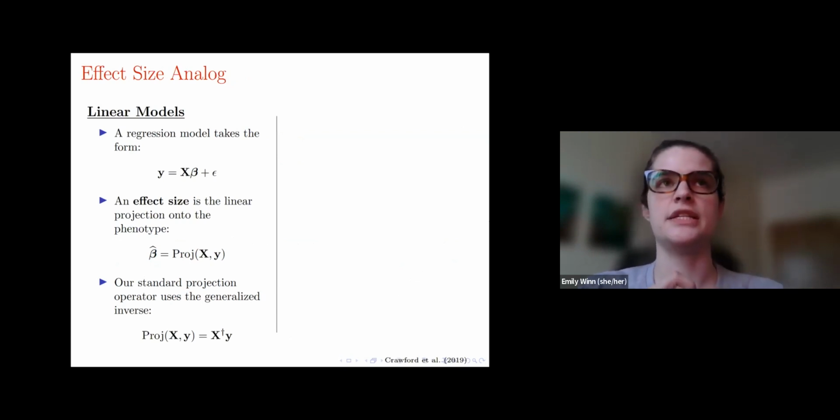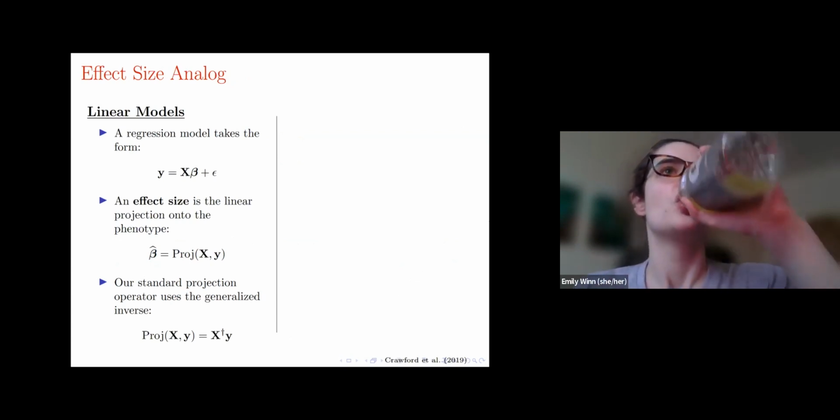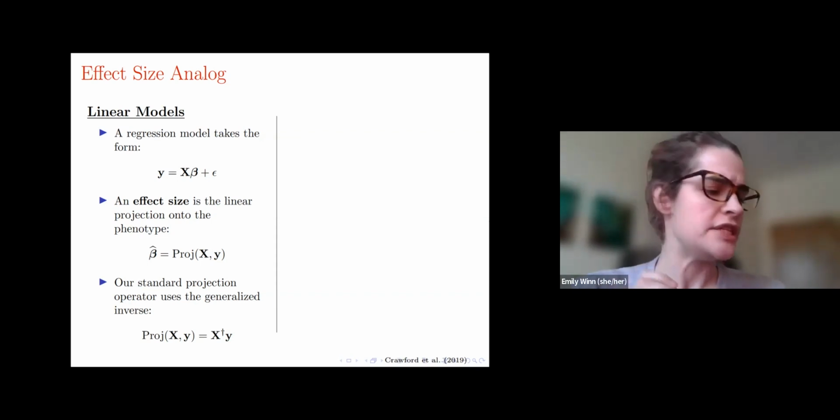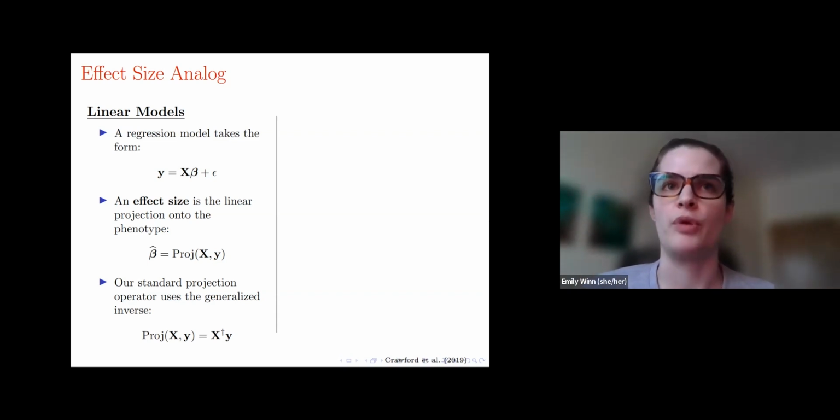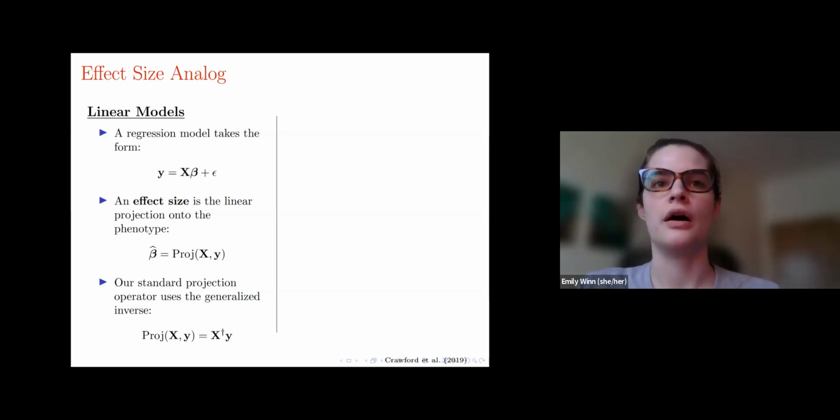So one previous idea was to take the idea of the linear model that we had, and we have what's called an effect size, which basically means that we take the data and we project it onto our output vector y, and that gives us our beta hats, which is our prediction of the effect sizes. And usually that comes in the form of using a generalized inverse projected onto y.